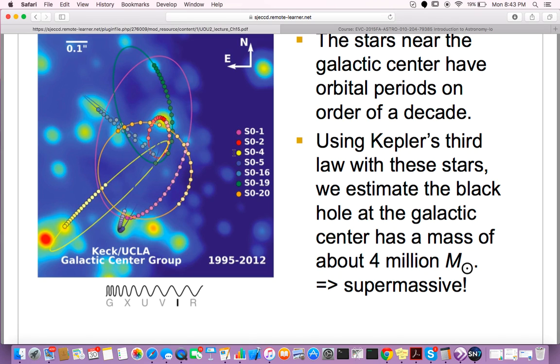So once this black hole was first formed, it was in an environment that was very dense and rich in gas. And this gas started to accrete and fall onto this newly formed black hole. And the more the gas fell, the more massive the black hole became, to the point that now, according to observations of stars going around this black hole, it should be somewhere around 4 million solar masses. Just think about it, 4 million solar masses.